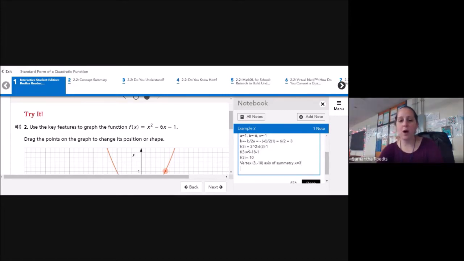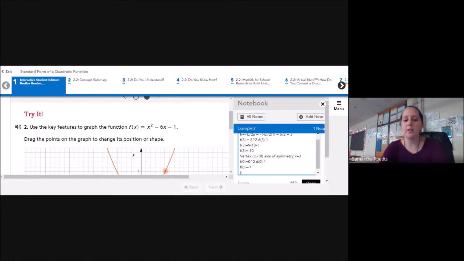And I find the y-intercept, so f of 0 equals 0 squared minus 6 times 0 minus 1. So that's negative 1. So that gives me a point 0, negative 1. We know it's a parabola.